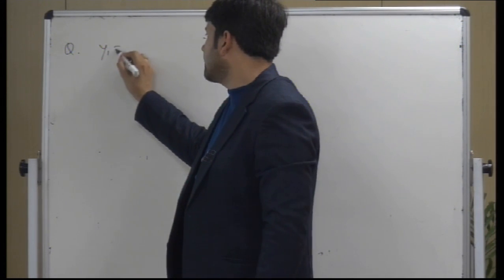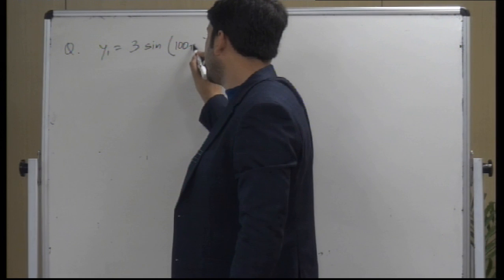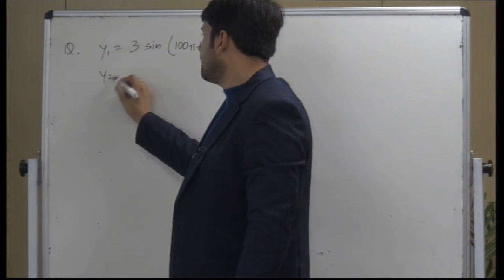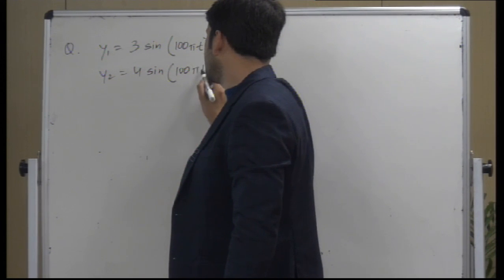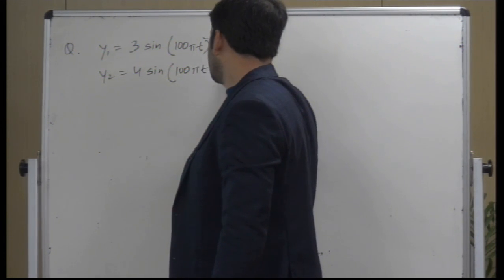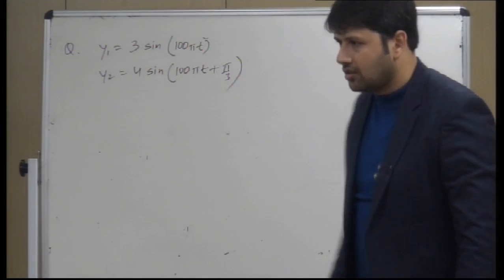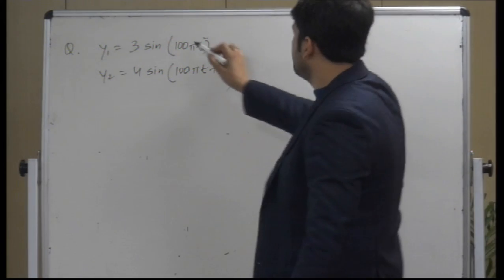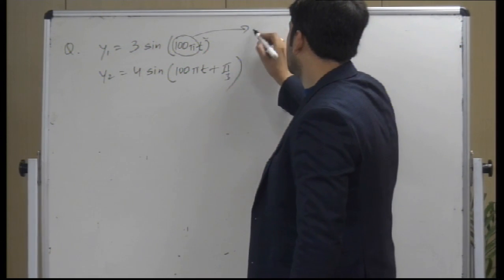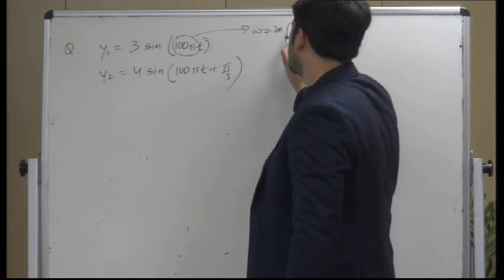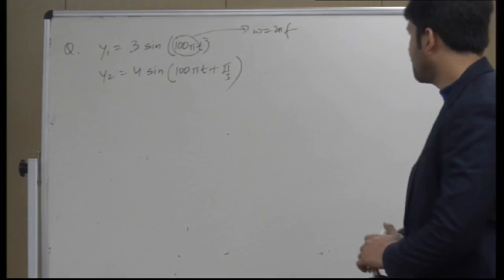The first one is 3 sine 100 pi t, and the second one is 4 sine (100 pi t plus pi by 3). You can see that their frequency is equal. The term 100 pi is omega, which is nothing but 2 pi f. So the frequency would be 50 hertz for both.